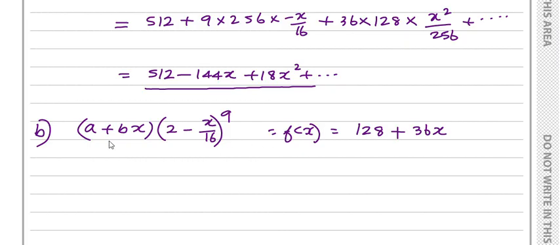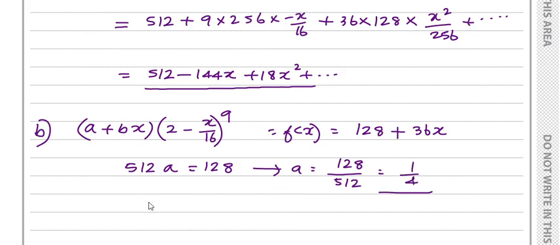So which terms will produce this constant 128? a, which is a constant, times the constant term of the second expansion, and that constant term is 512. So automatically 512 times a should be equal to 128. That means a is equal to 128 over 512, which is 1/4. Done. So the a part is done.